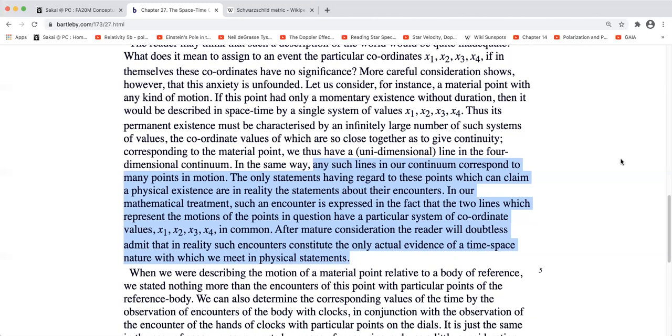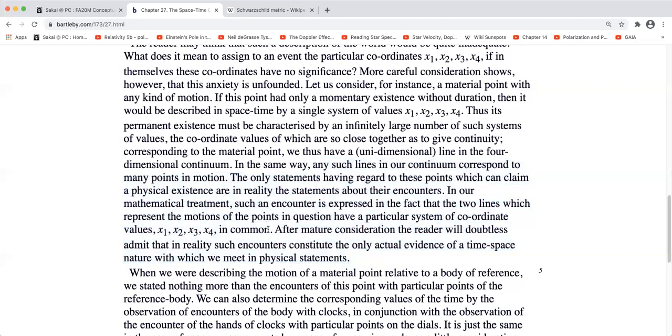After mature consideration, the reader will doubtless admit that in reality, such encounters constitute the only actual evidence of a time-space nature with which we meet in physical statements. Very good, thank you.